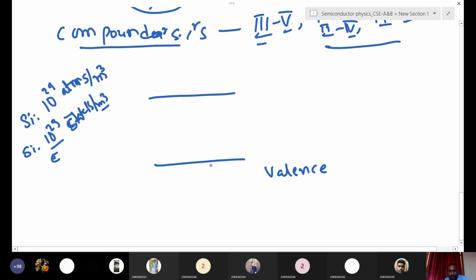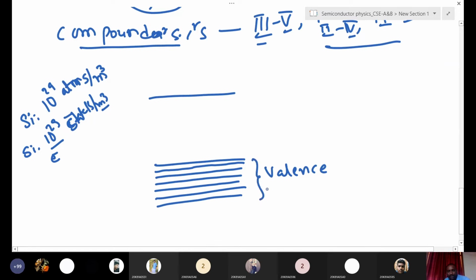Each state is very closely separated from the next, like this. These states we call the valence band.